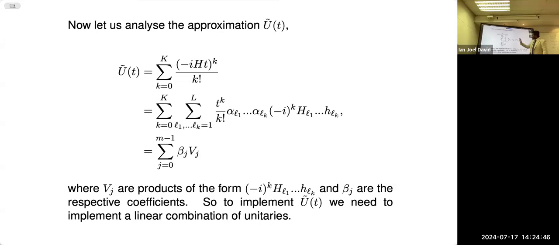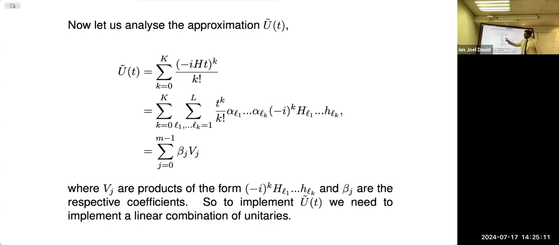And you can replace all of this, this should be a capital H, by just the sum here, where beta j are just real coefficients, and b j is just a unitary, okay? So it's just some unitary. And these correspond precisely to this operator here, and beta j are just the respective coefficients.